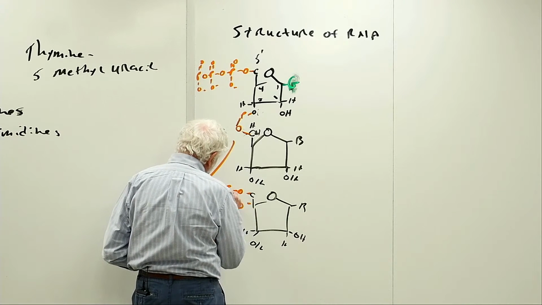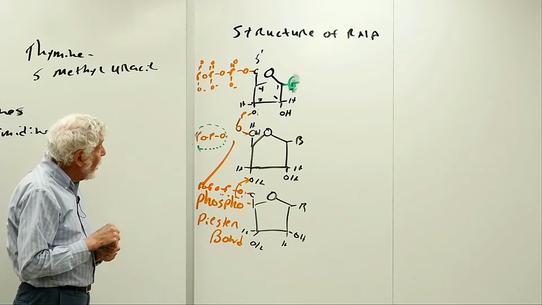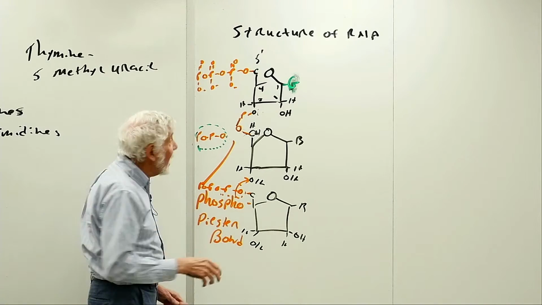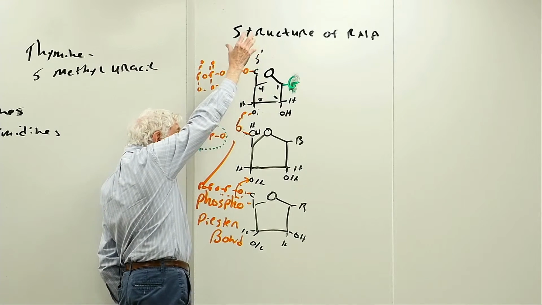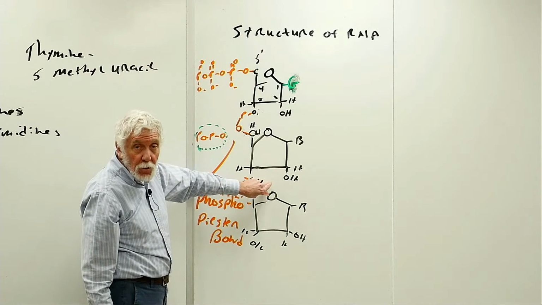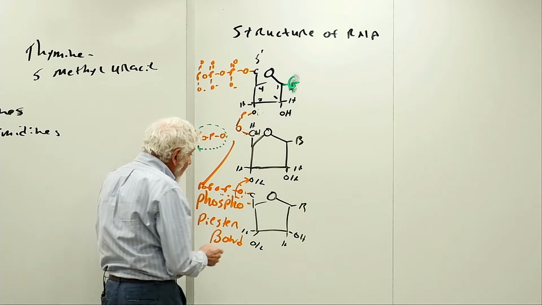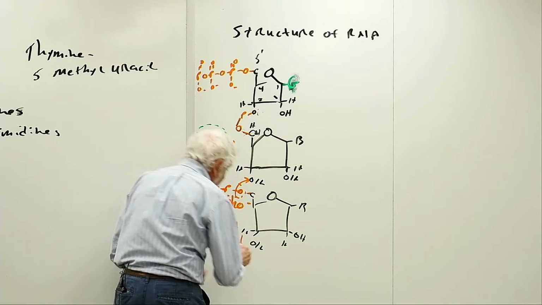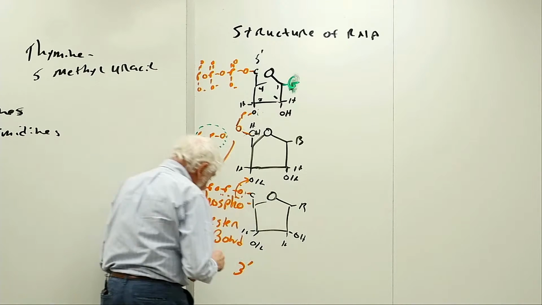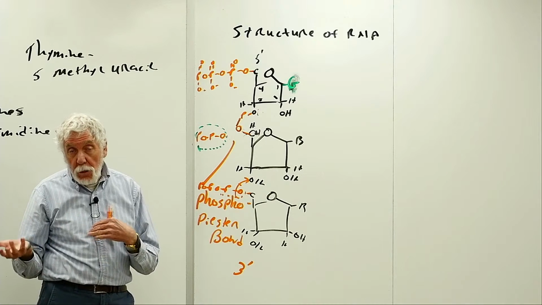And again, form this phosphodiester bond. And I won't go through this over and over again. We saw it yesterday. We're seeing it again today. And what we're doing is generating this great long polymer of riboses, just as we did yesterday. It will have a 5' end, and down here it will have a 3' end. So again, we can talk about the orientation of these molecules, 5' ends and 3' ends.